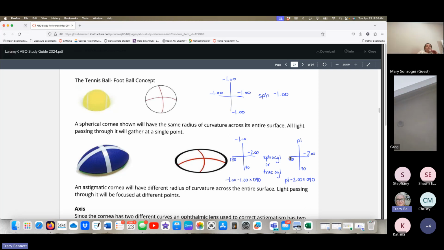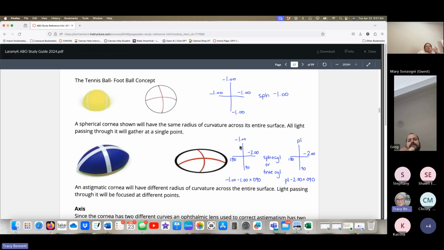more steep. Versus a true cylinder lens, and I know lenses don't look like Coke cans, but that's just the best way I can think to do it, where the axis meridian, that 90 at plano, has no power in the axis meridian, and 100% of the cylinder is located 90 degrees away.